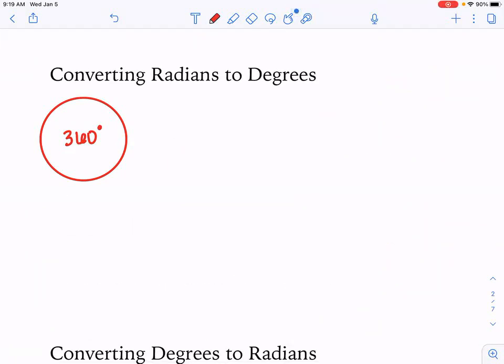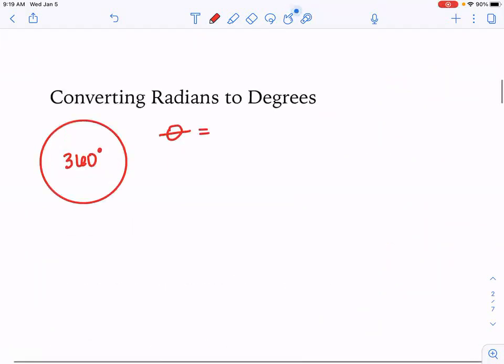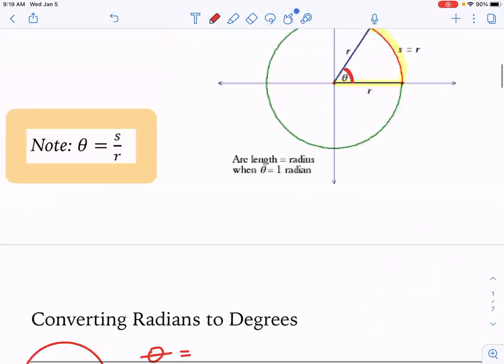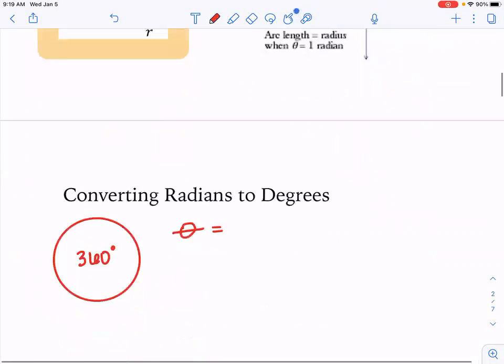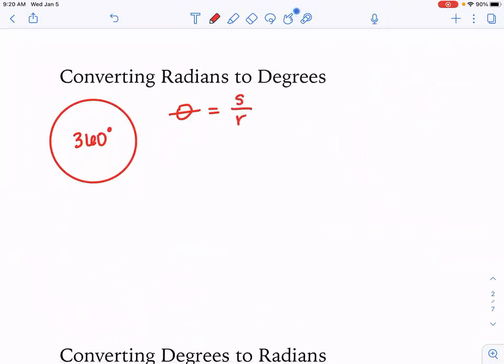Now, if a radian measure is, let's come back up here, the ratio of arc length to radius. Okay, how do we measure this entire arc length, the entire circumference of the circle? How do you calculate the circumference of a circle?